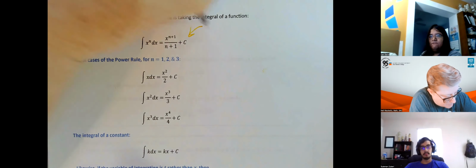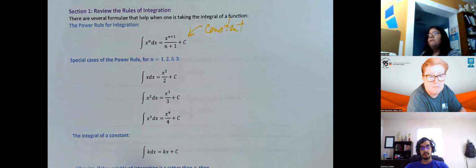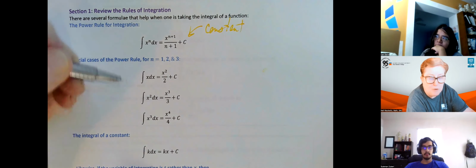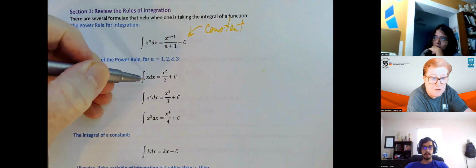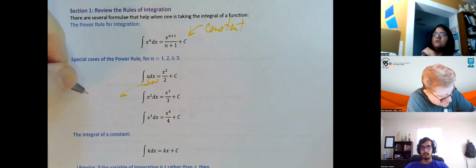This is a constant. That means that for the power rule, if you just have x to the first power, it just looks like x, this dx, that tells you what the variable is.